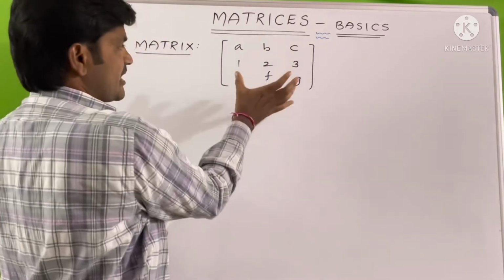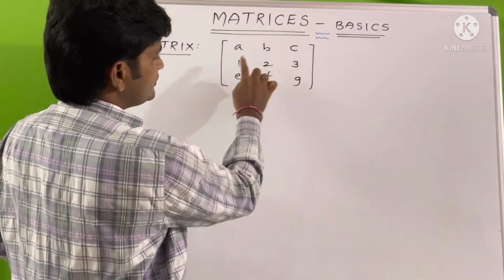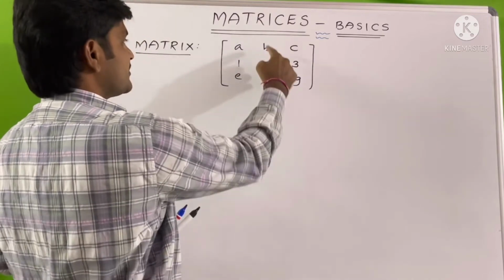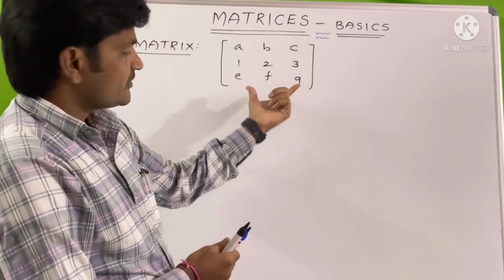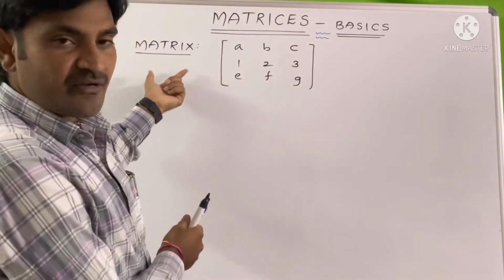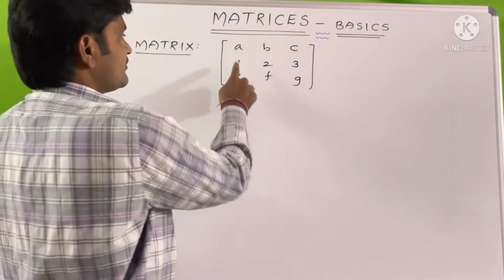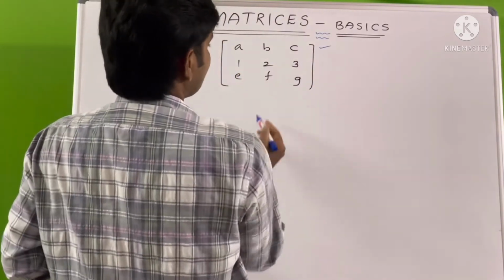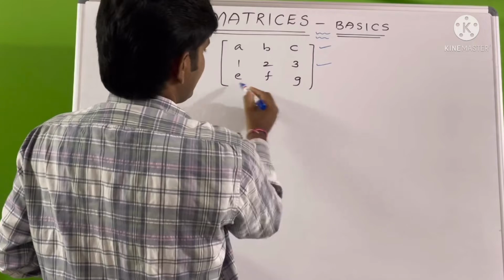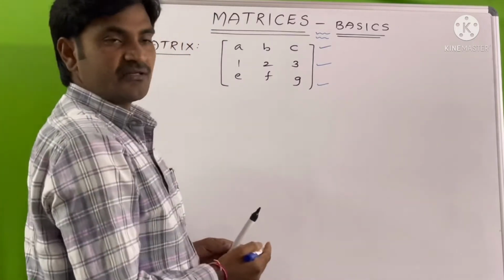So we can arrange some elements in rows and columns, then we get a form. This form is called a matrix. So this is the first row, this is the second row, this is the third row.